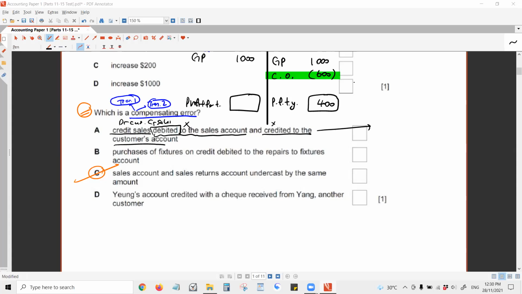So if you have no idea what are the 6 names, then you don't have any option. Okay, if you can only recall a few, then quite likely you will choose the wrong answer. This one is error of complete reversal. Okay, you see, must also remember the names of all the errors. Okay, don't expect that they will give you options to choose. So error of complete reversal.